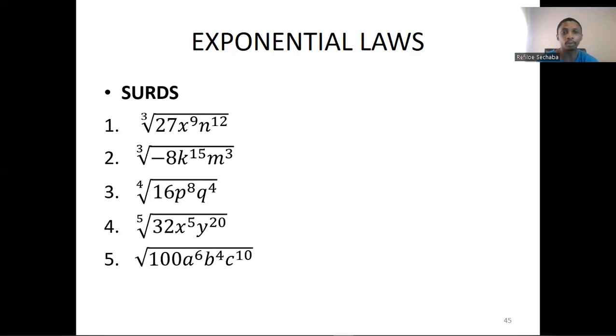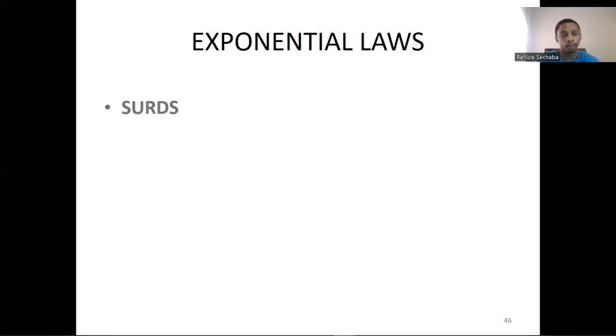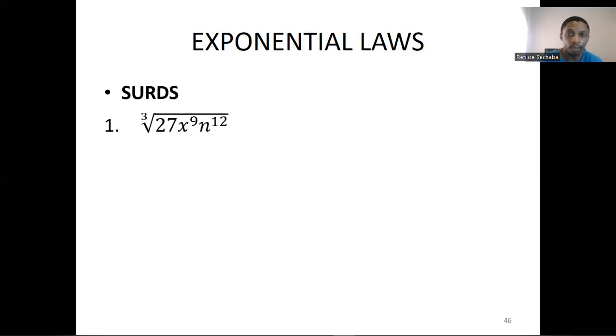Let's start with number 1. As I've said when I started with this, you will simply distribute the third root to each of the factors that are underneath the root. So you will find the cube root of 27, find the cube root of x to the exponent of 9, and find the cube root of n to the exponent of 12. Now the cube root of 27 is quite easy because it will simply be 3.